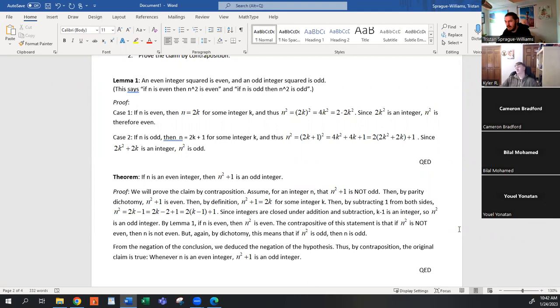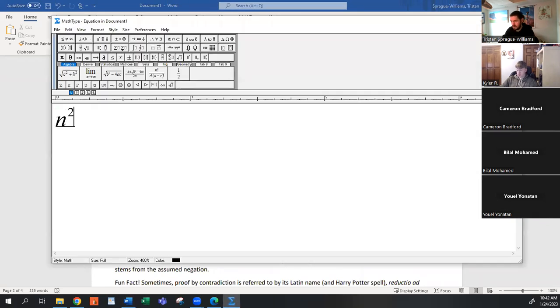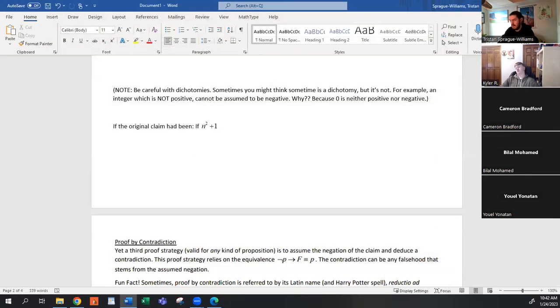Okay. So, for example, if the original claim had been: if n squared plus 1 is even, then n is odd, right?